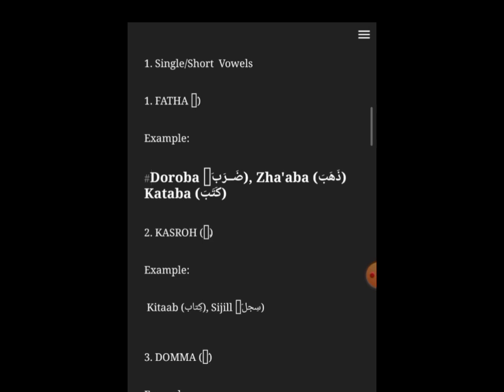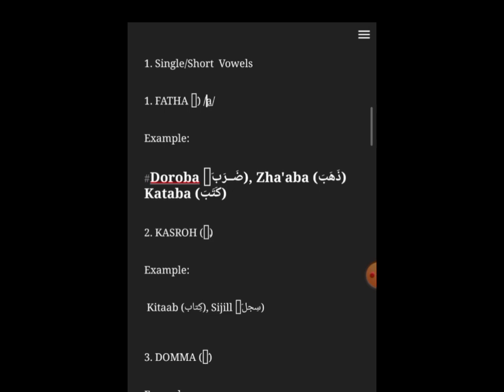How does it sound? The sound of fatha is a. Just like you have your letter A, in phonetics, letter A sounds a. And of course, A in English is a vowel.